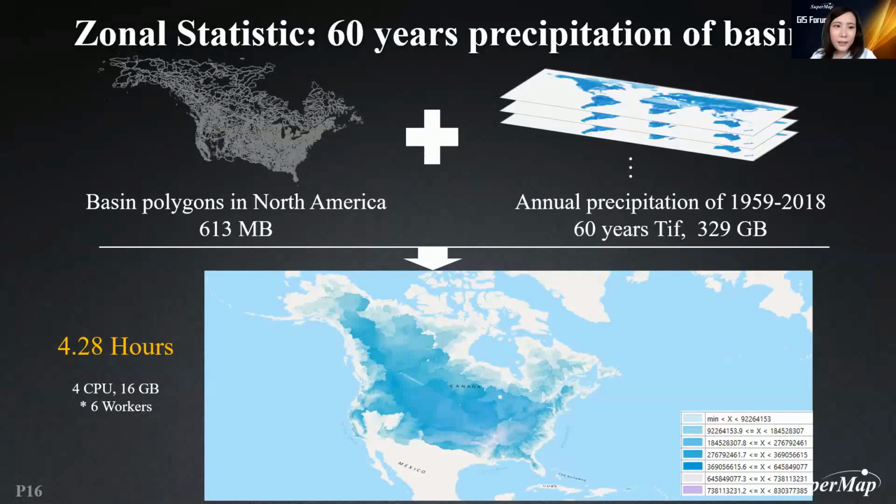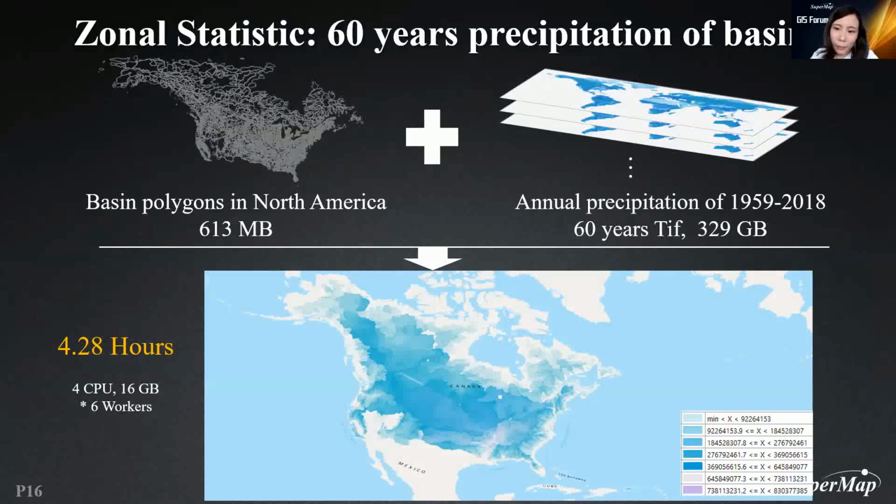And the last one is zonal statistics. And this is a classic spatial analysis algorithm. I think maybe most of you have used it, but not for a large amount of data. For example, here we have more than 10,000 Bayesian polygons in North America, and we have 60 years of data of annual precipitation.